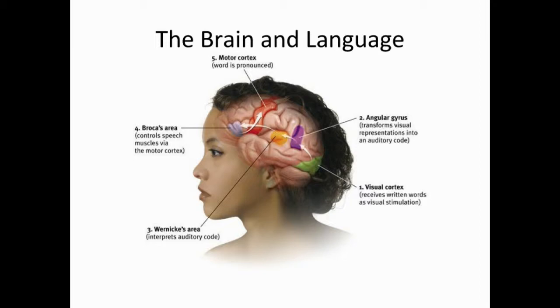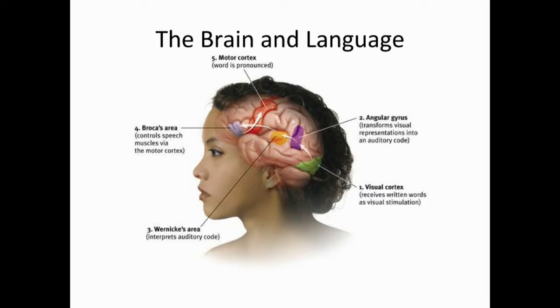In addition to not being able to understand auditory code, they therefore also have difficulty producing language that is in any way coherent. For those of us with normal functioning brains, the information is then going to go to Broca's area that's going to control speech. And so if we're reading this information out loud, Broca's area is going to process this speech information and prepare us, through our motor cortex, to move our mouth in a specific way to produce this speech.